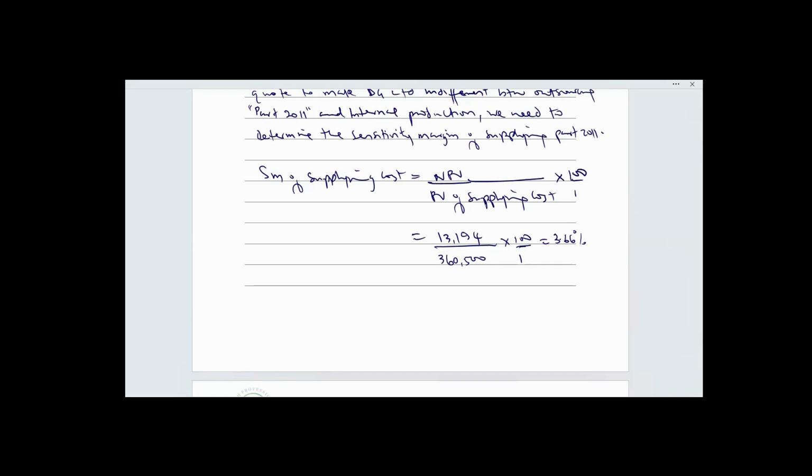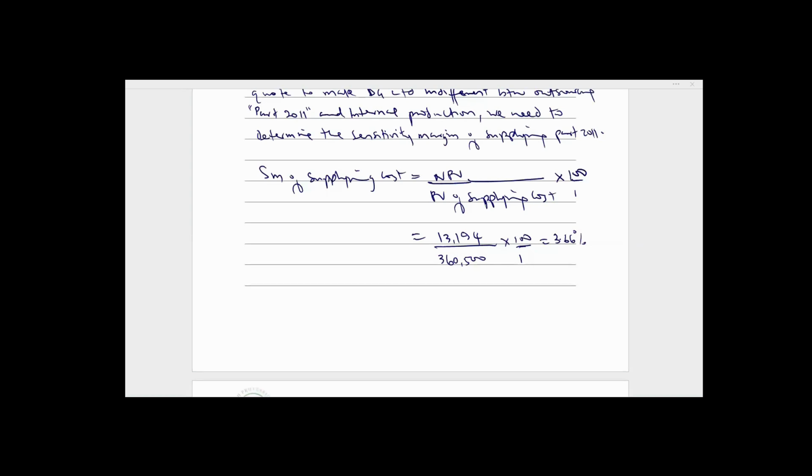So our supplying cost can increase by 3.66% before the decision to make will change, because we want to determine the sensitivity margin to make the company indifferent between outsourcing and internal production.